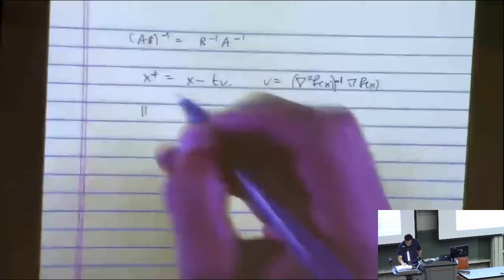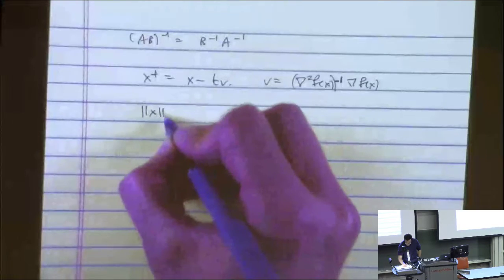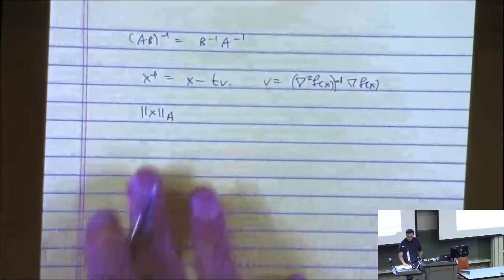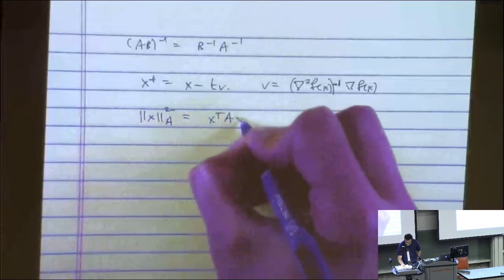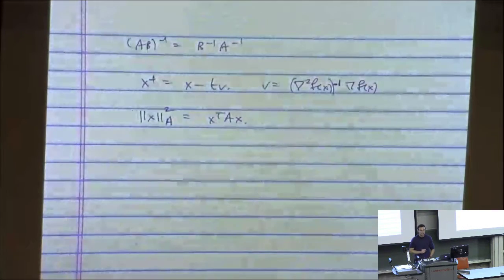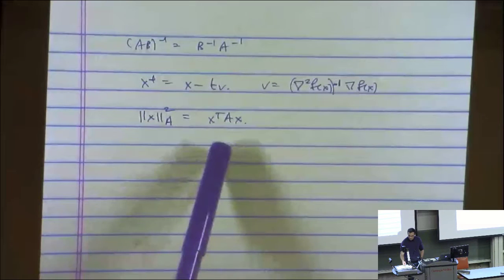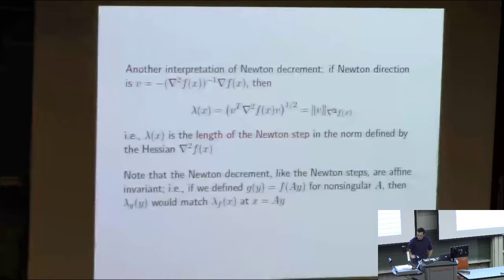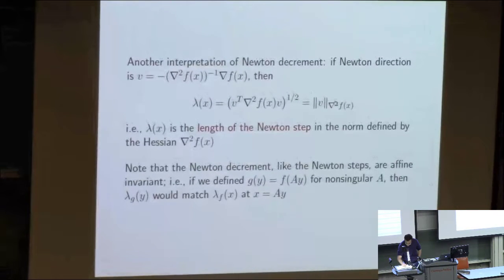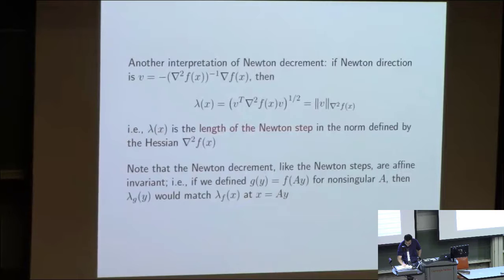So in general, if I have a matrix A, I can define a norm in terms of A by taking x transpose A x. And what would we get if we took the norm of v as measured by the Hessian?